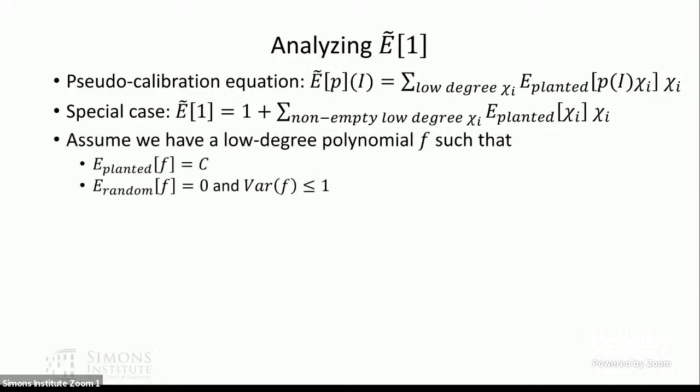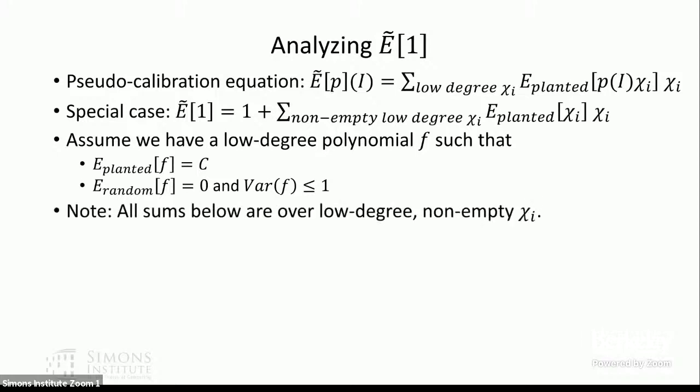And now let's assume that we have a low degree polynomial f such that the expected value over the planted distribution of f is c, the expected value over the random distribution of f is 0, and the variance of f is at most 1.